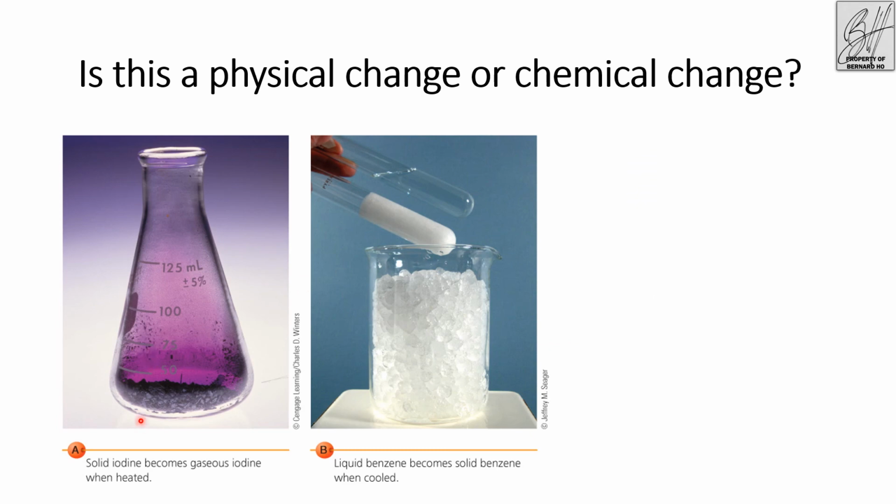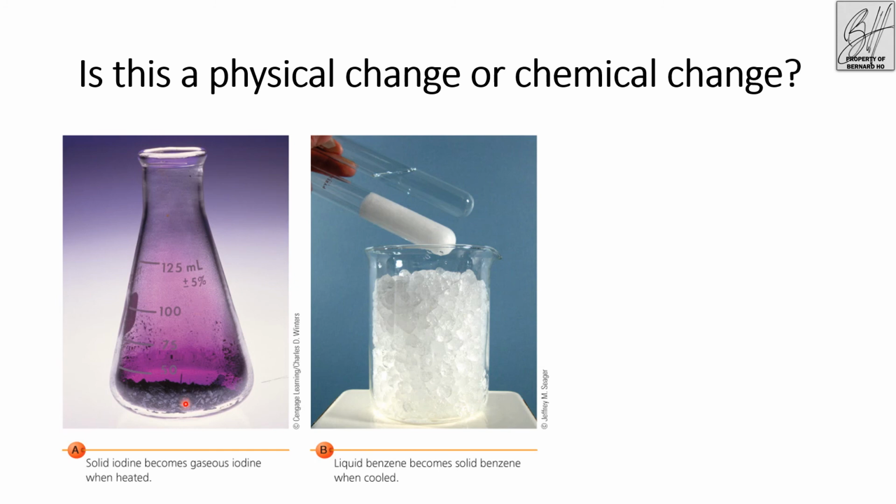In panel A here on the left, we have solid iodine, and when it's subjected to heat, it becomes gaseous iodine or iodine gas. The question now is, during that transition from solid iodine to iodine gas, are we witnessing a physical change or a chemical change? Again, the choice between the two depends upon whether or not the composition of the starting material is any different than what we end up with.